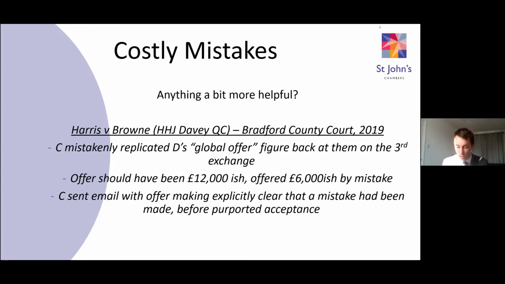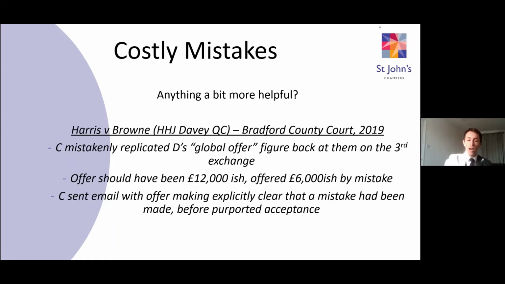Now, in that case, it was said that there were problems with the portal. The actual system had failed to the extent where the claimant solicitor said she could not amend the global offer figure. And that is important for two reasons. One, anyone that works with the portal will know how often it fails. But secondly, it proved important that the claimant solicitor did something about that when it was identified that a mistake had been made.